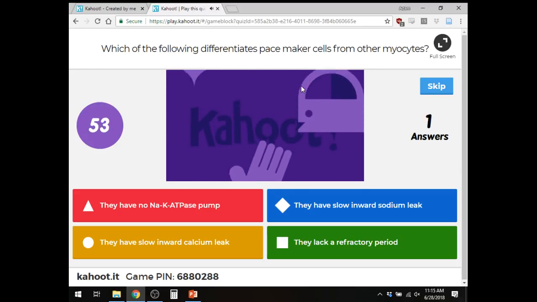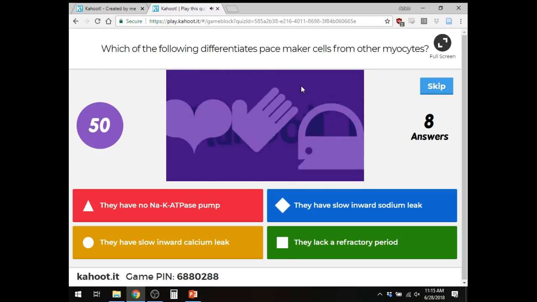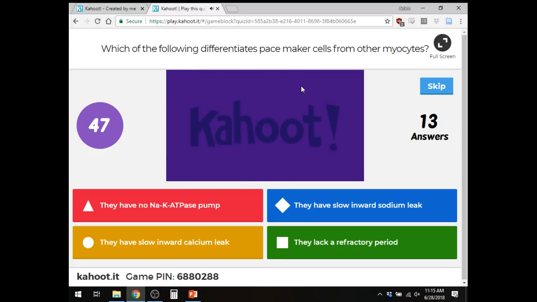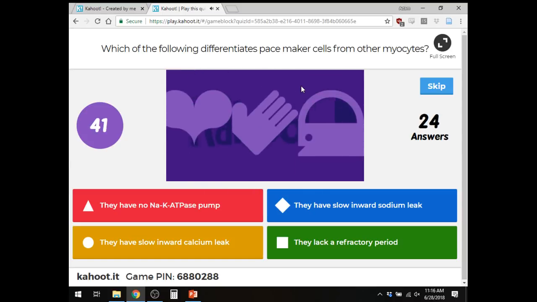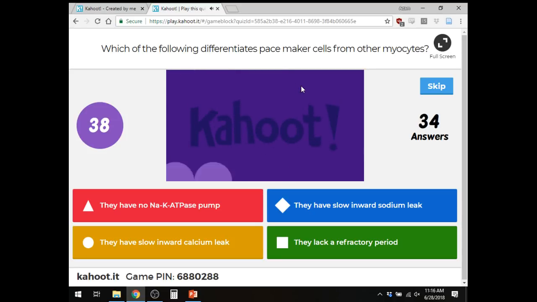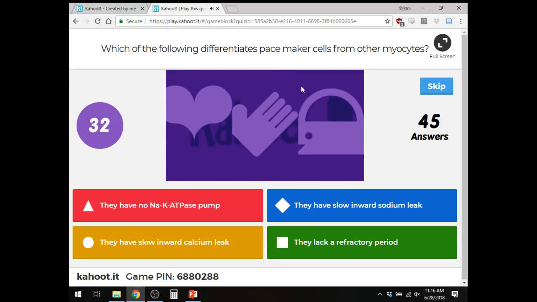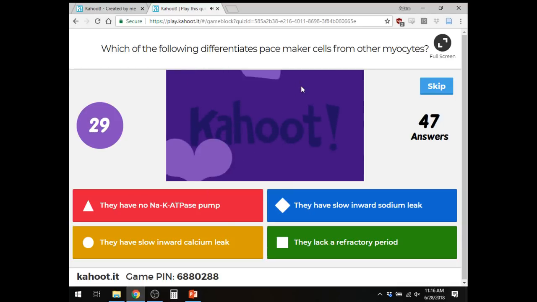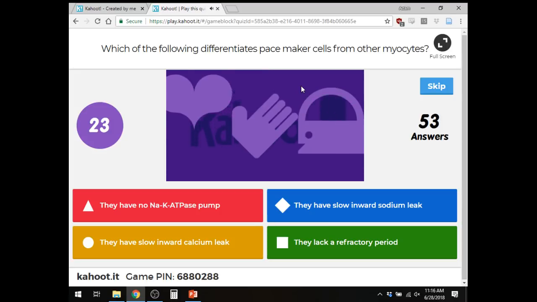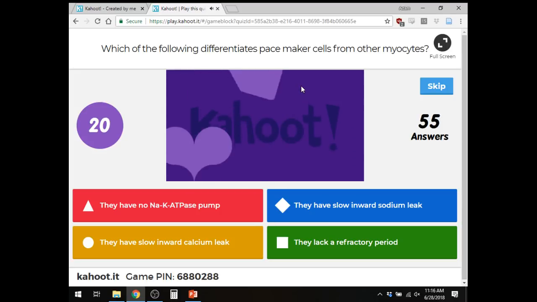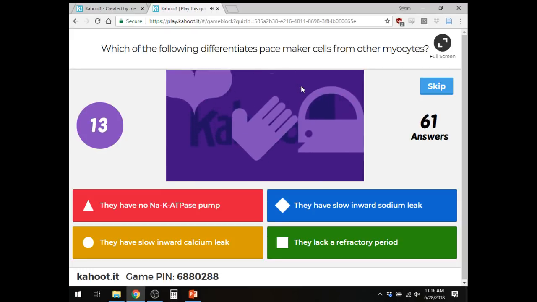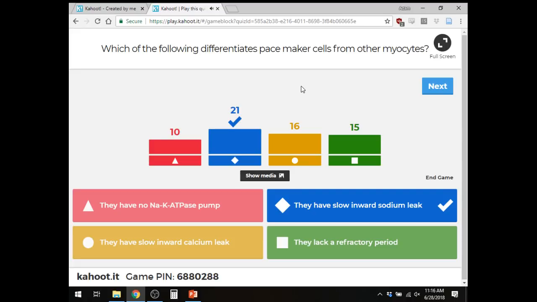They have slow inward calcium leak, or they lack a refractory period. Interesting, almost an even split across the class.